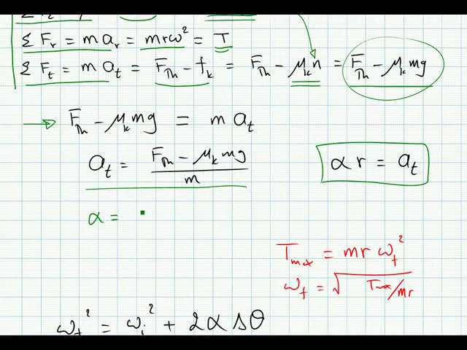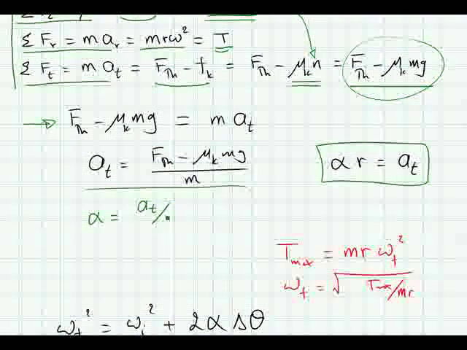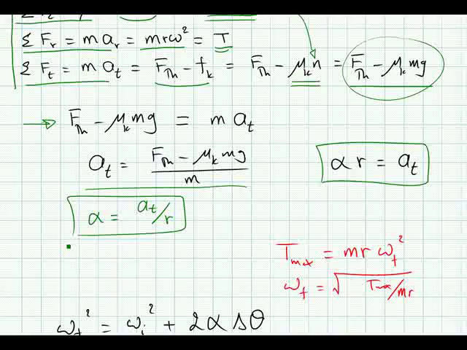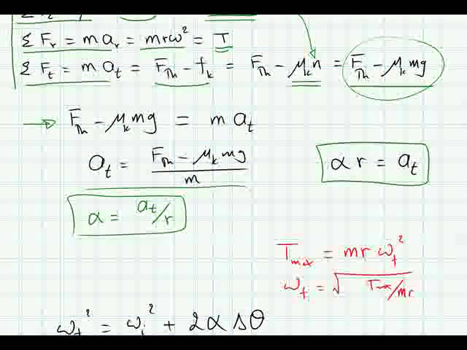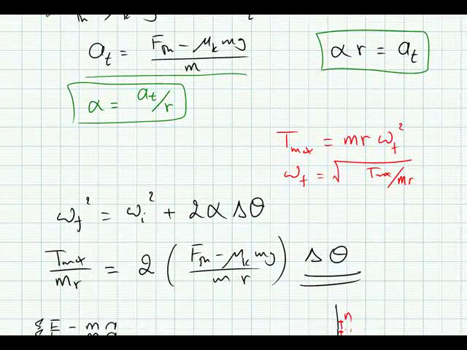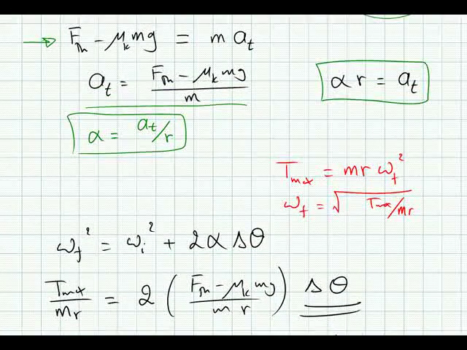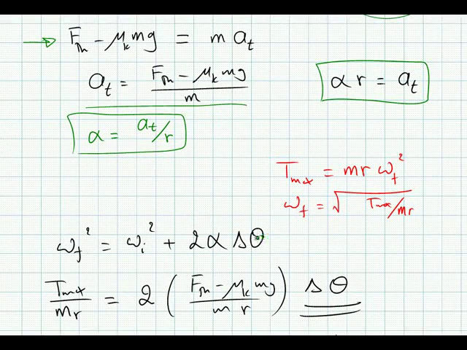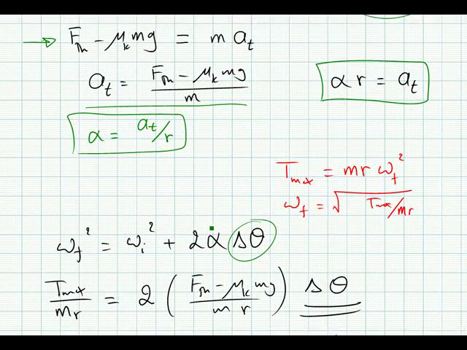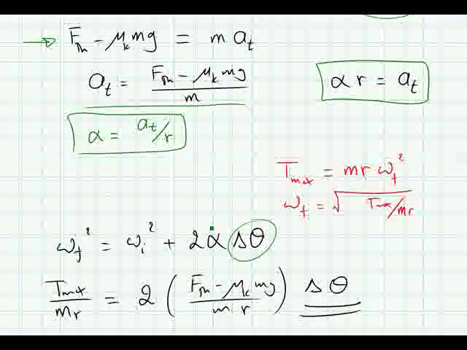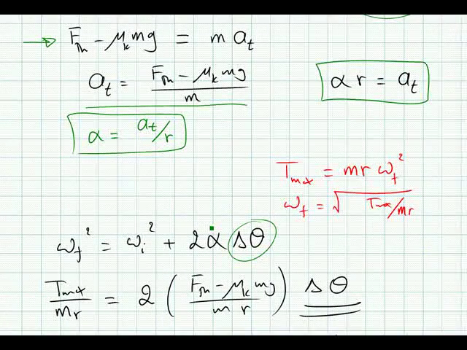So alpha is a_t divided by R. And knowing this, you can now go ahead and use the kinematic equations of motion to solve, for example, how many revolutions, or what is the angular displacement that the object makes before reaching a certain velocity, etc., etc.